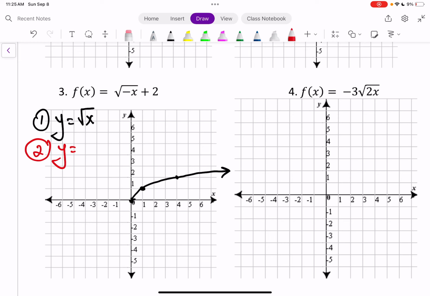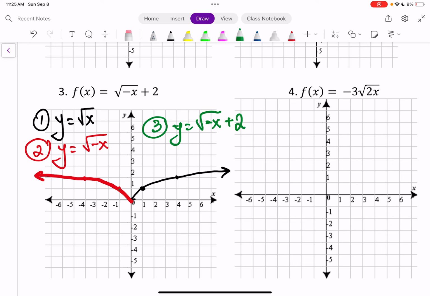The next thing I'm going to do, I always like to start with the x transformation. So this minus x just simply flips the graph over the y-axis as we just did before. And the final answer is to take that new graph you got and add 2 to it. So move these points 2 units up.